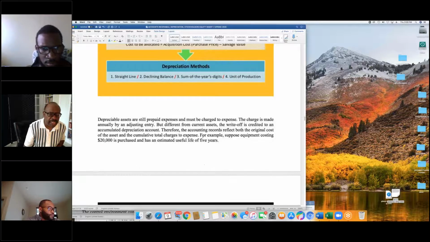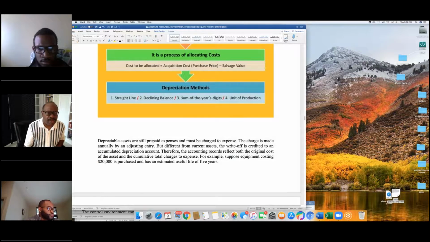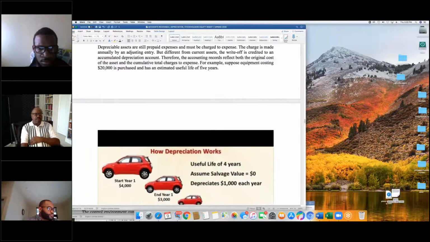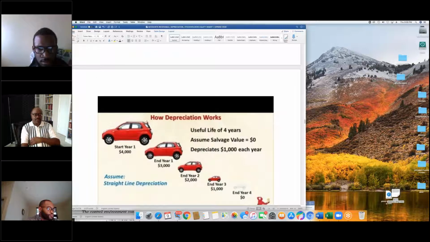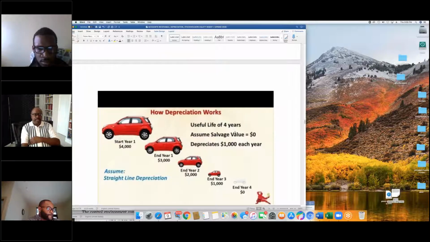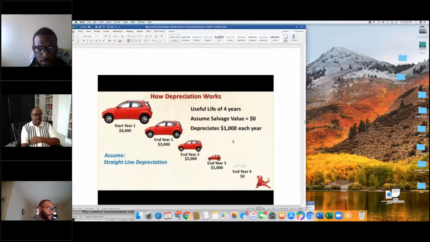We said there are a lot of ways to calculate depreciation, but we were only going to look at straight line and declining balance. Then we used this example of how depreciation works. Assume you bought a car for $4,000 and it had a useful life of 4 years. That car is depreciating with no salvage at the rate of $1,000 each year, straight line depreciation.